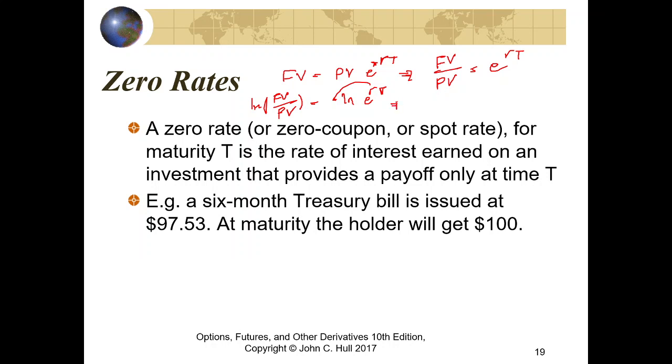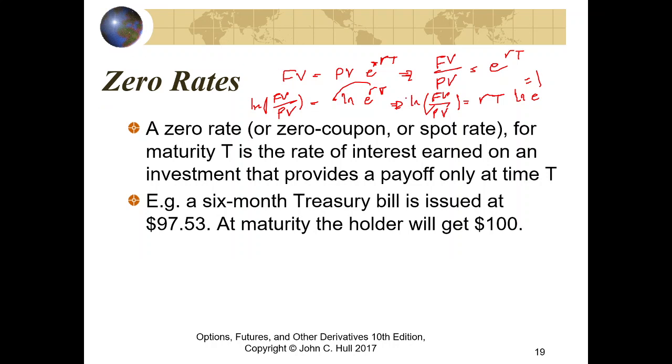So this means ln of the future value divided by the present value is equal to r times t times ln of e. And we know from math that ln of e is equal to 1.